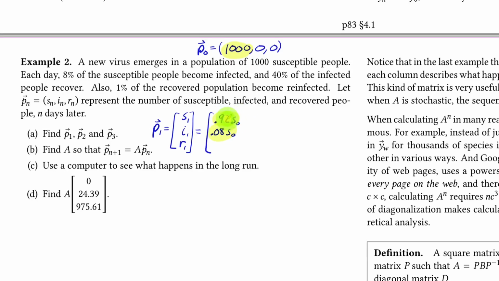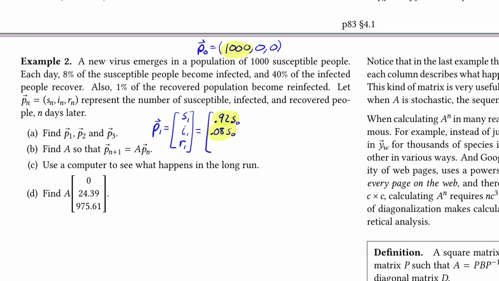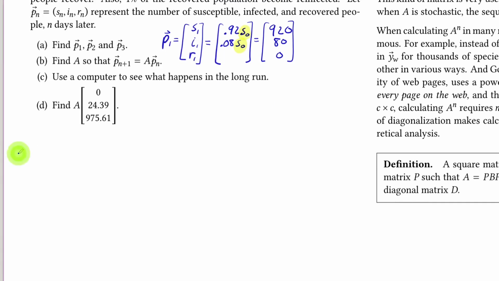And nobody's had a chance to recover yet, so we won't worry about what happened to the previous infected people or recovered people because there were none of them anyways. So anyways, the S0 is 1,000, so this is just going to become 920 and 80 here. So that's P1. Down here, let's find P2.